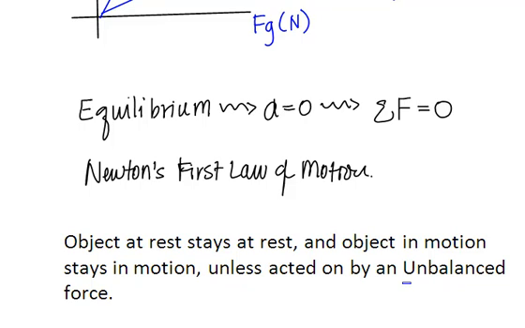In all of our cases, we had balanced forces. The objects were in equilibrium. So that's what equilibrium looks like. It looks like an object not moving. It looks like an object moving at a constant rate.